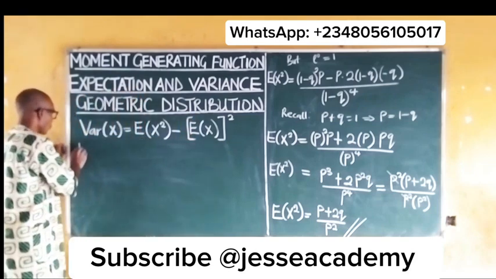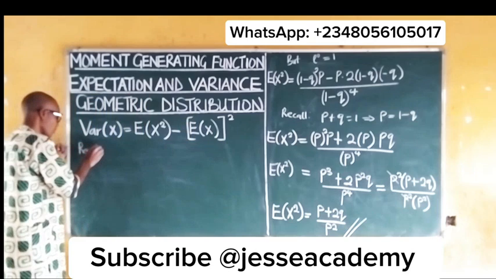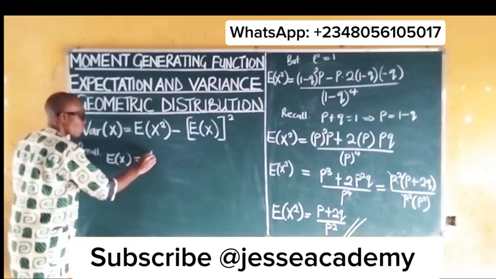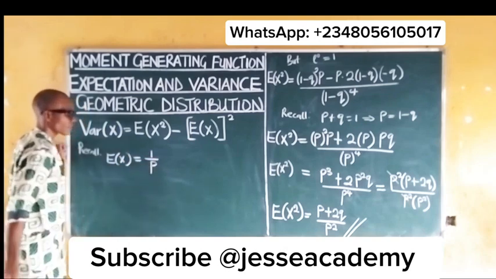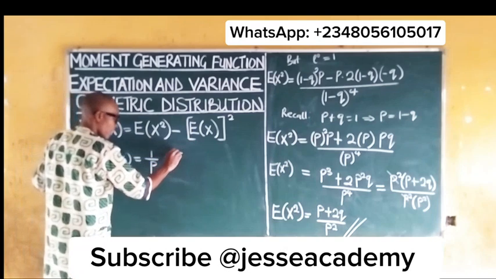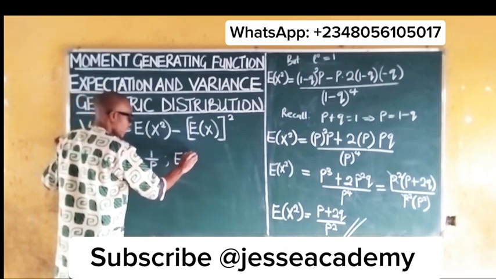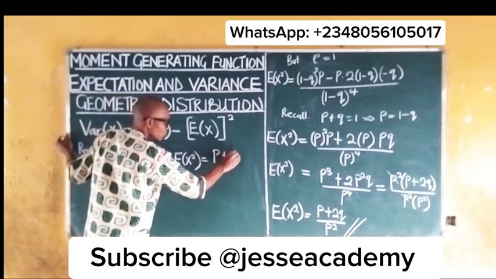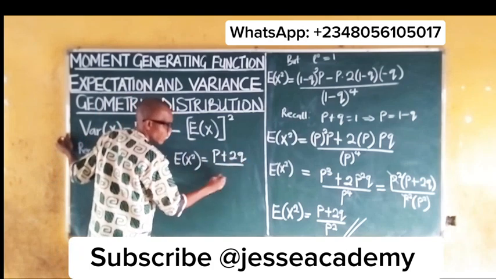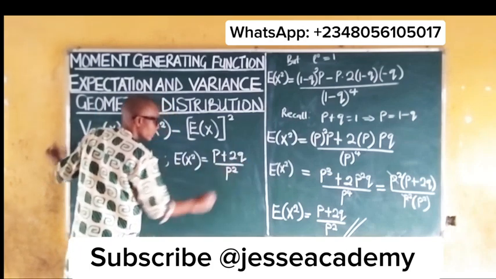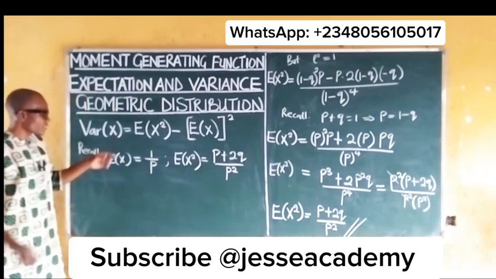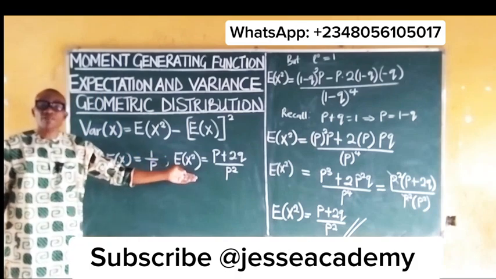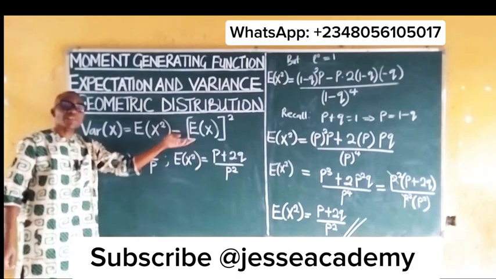We should recall that our expected value of x is equal to 1 all over P. We also have our expected value of x squared is equal to what we got there, P plus 2Q all over P squared. So to obtain our variance is just to substitute what we have for the expected value of x and the expected value of x squared into the variance.